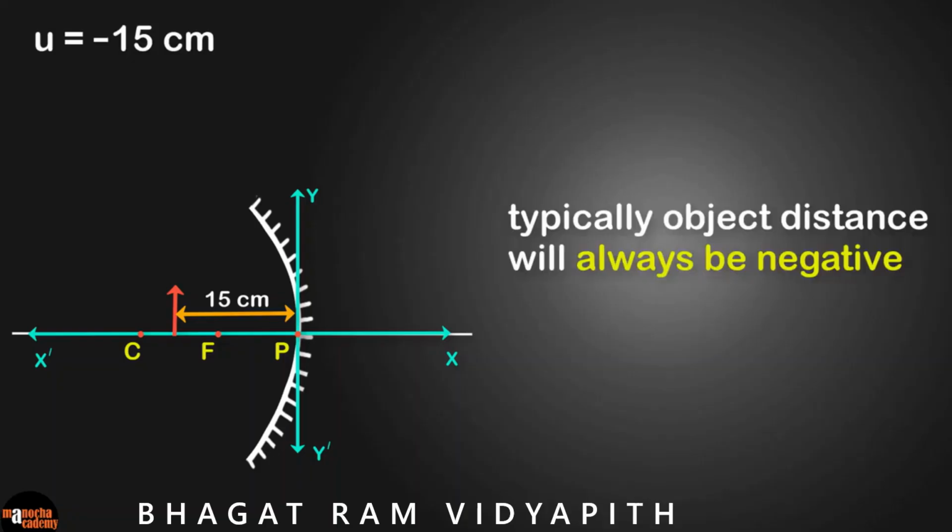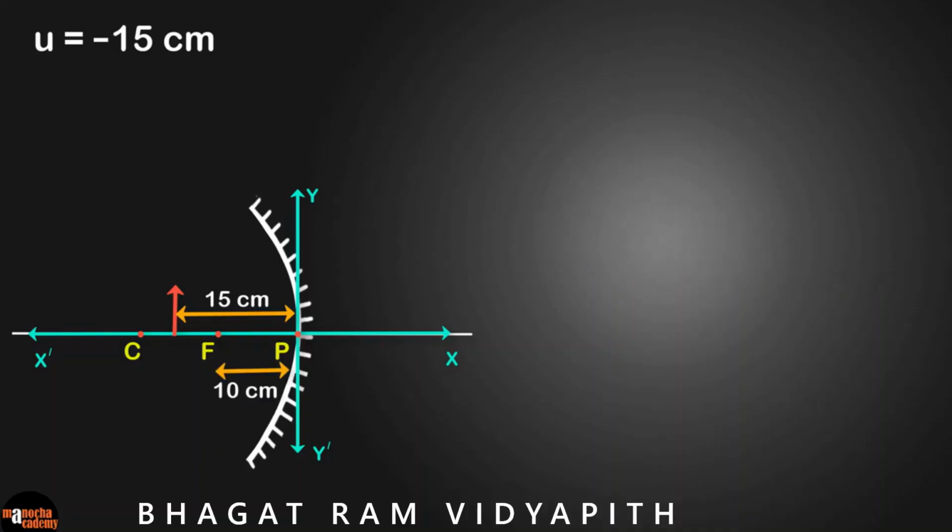Typically, the object distance will always be negative since the object is placed on the left side of the mirror. Let's say that the focal length is 10 centimeters. The focal length is the distance from the pole to the focus. Since the focus is in front of the mirror, the focal length is along the negative x-axis. So f equals minus 10 centimeters.